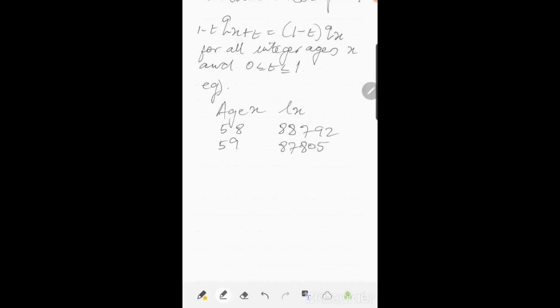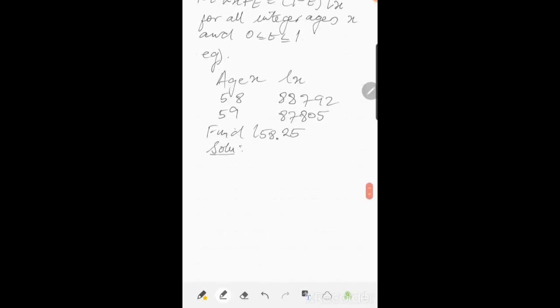In our example, we need to find l58.25. So l58.25 is in between 58 and 59.